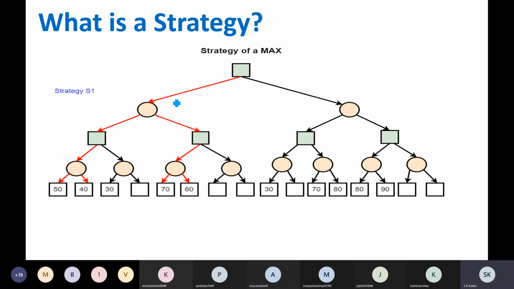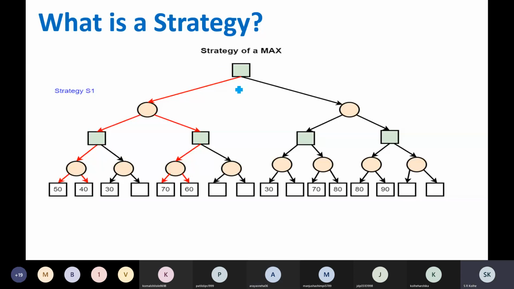So what does this indicate? This particular situation indicates that if max makes this move, min either can make this leftmost move or the right one. So if min makes this, max will make this leftmost move. If max makes this move, then min may select either of these.